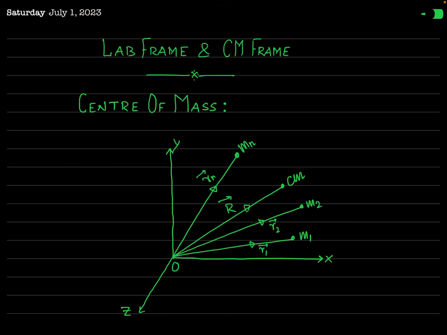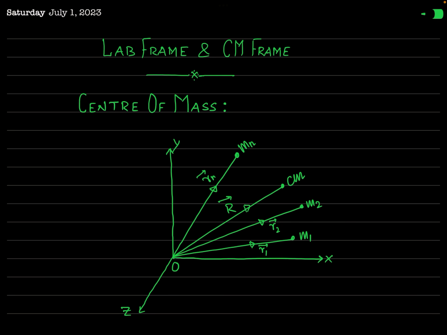frames, which are called the laboratory frame and the center of mass frame. Our prime aim is to know about the center of mass frame. But for that, you must have a knowledge of the center of mass of a system.